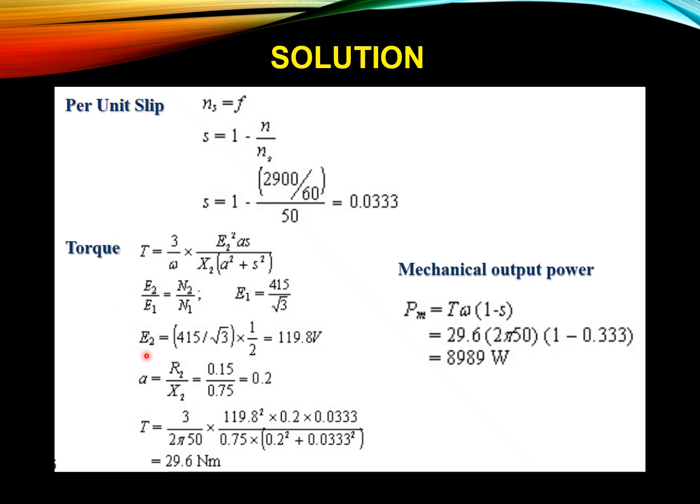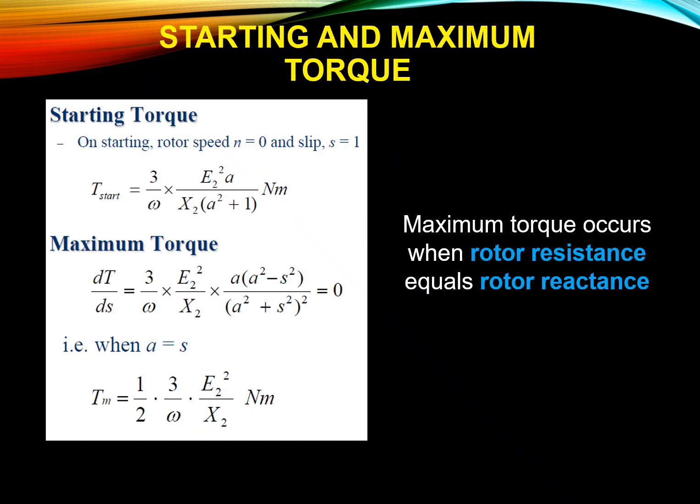Then we replace all the information given in order to find the torque, and from here we can find the mechanical output. So you can try this example based on the formula given.